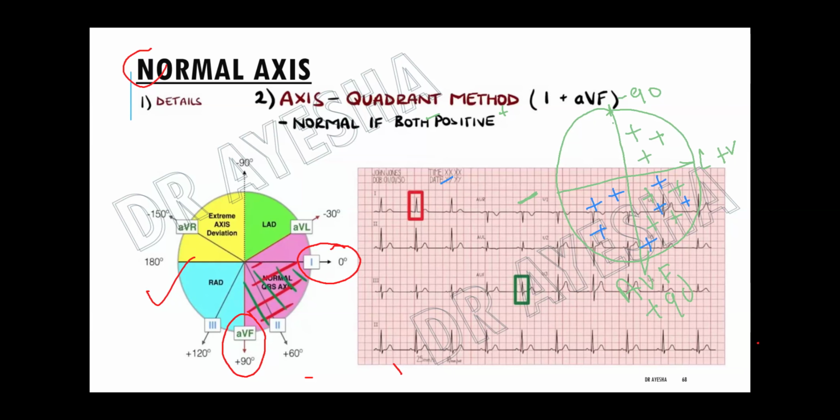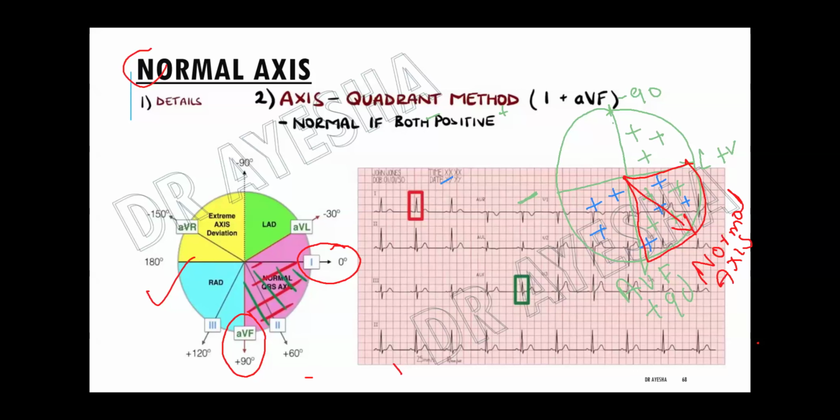So tell me, which quadrant is intersecting for both leads? If you look very clearly at this side, both leads are intersecting in this quadrant. And this quadrant is completely made for the normal axis. Is that clear to everyone?